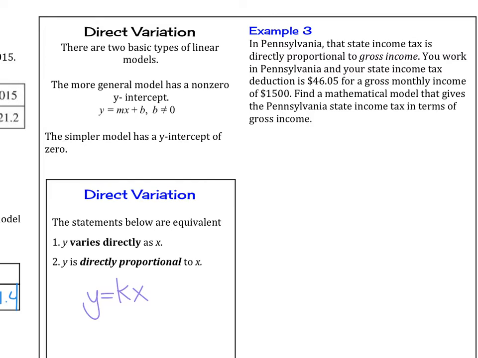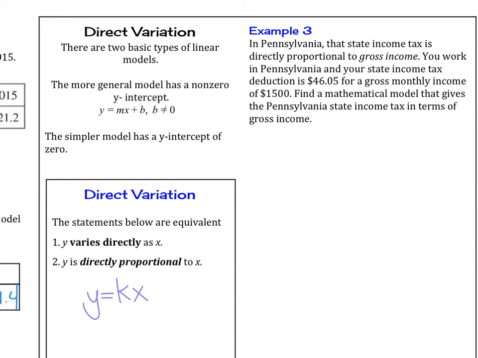So let's try this in example 3. In Pennsylvania, the state income tax is directly proportional to gross income. You work in Pennsylvania and your state income tax deduction is $46.05 for a gross monthly income of $1,500. We're going to find a mathematical model that gives the Pennsylvania state income tax in terms of gross income. So in order to fill this out, let's write things that we know.